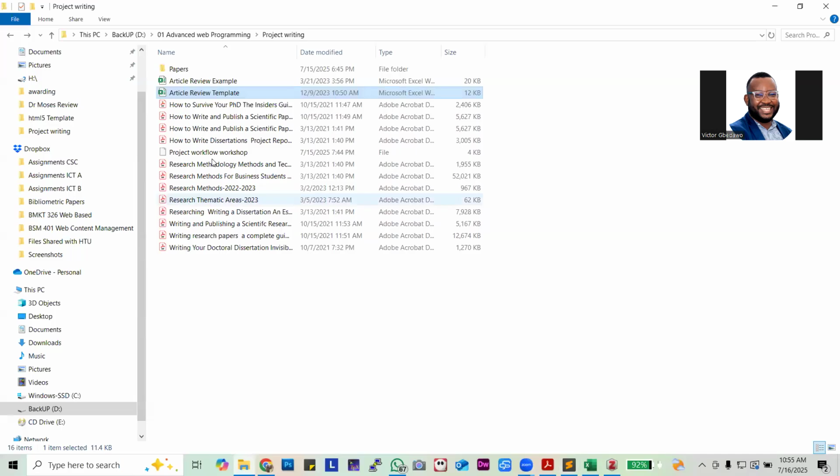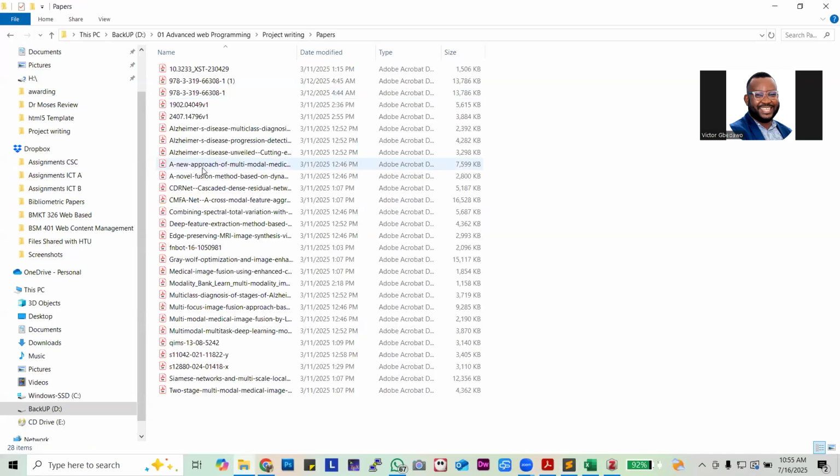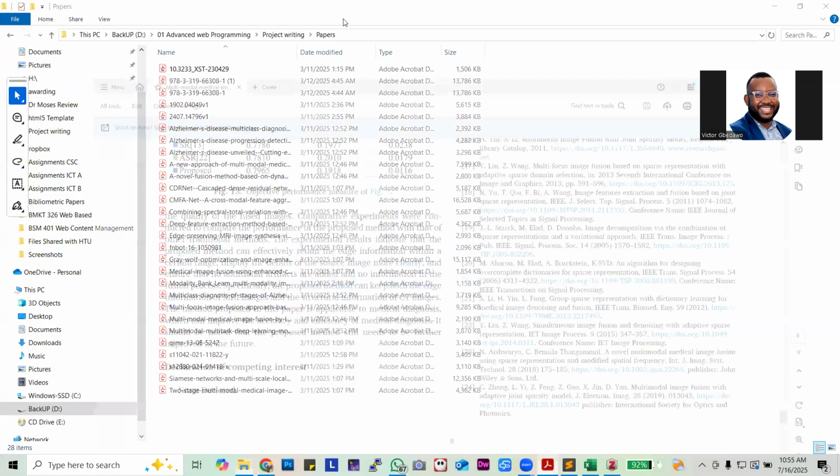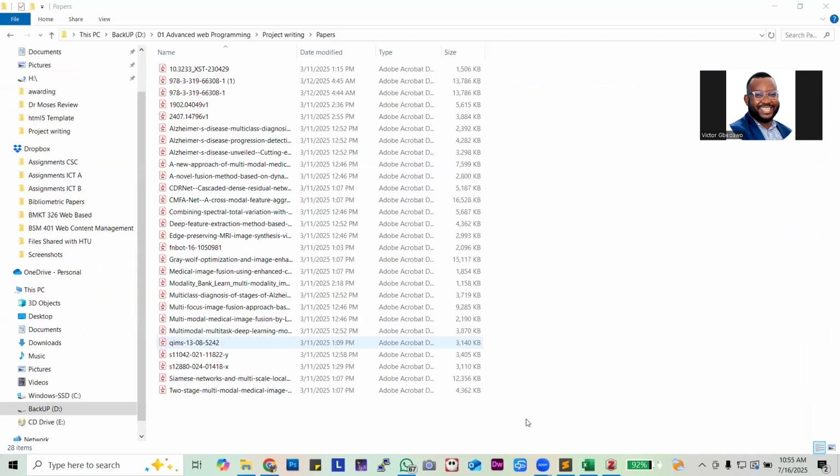So I took this paper from here, multimodal medical image, using the Laplacian pyramid. So you see, it's about jargons. They just used a lot of jargons, but they didn't do anything. So in order for me to use that paper, I would bring it in here.